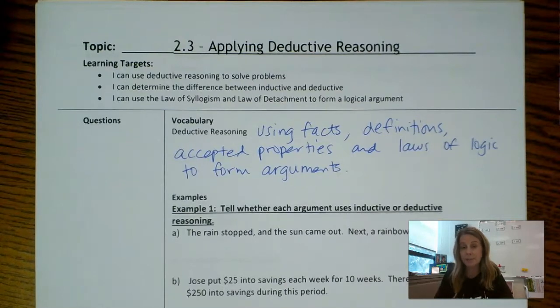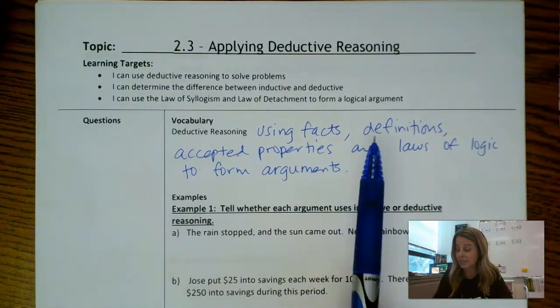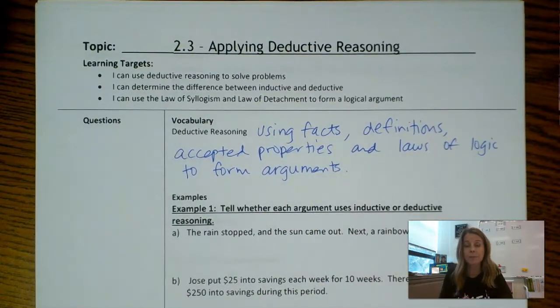So the main difference between deductive and inductive is that in deductive, you have some sort of fact, definition, maybe a procedure in place. Think about a school. If you have certain rules in place and you make a decision based on the rule, that's deductive reasoning. Inductive reasoning, if you want to flip back a couple of pages, is when we looked at a pattern.